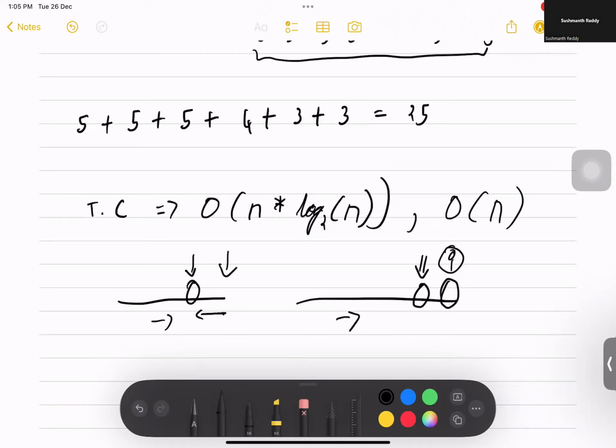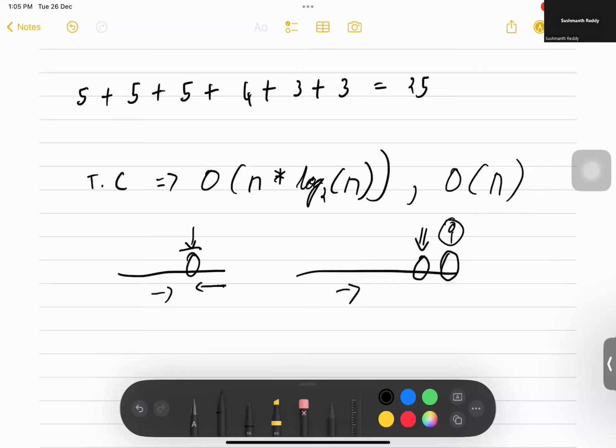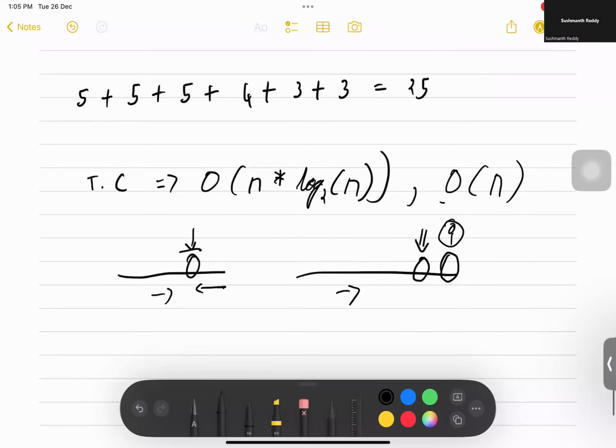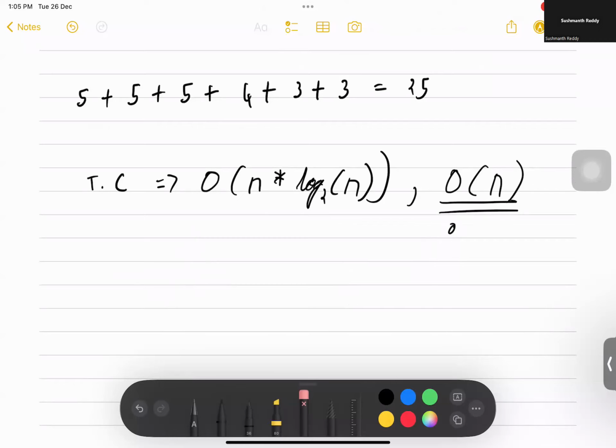So definitely the lower value should only be smaller. With this relation, we can just move the pointer from here itself. Because we are just moving the pointers, we could implement this in big O of n. So this way we can solve the problem with either two pointers or binary search.